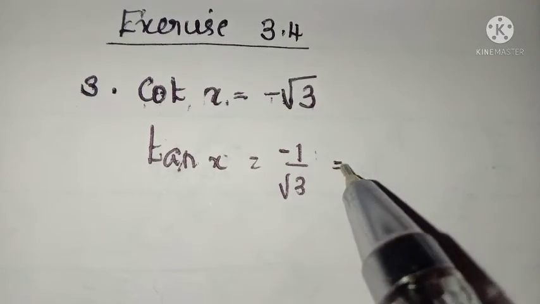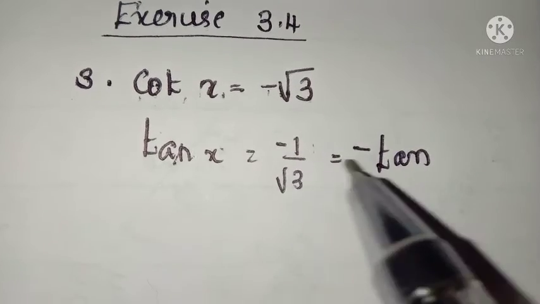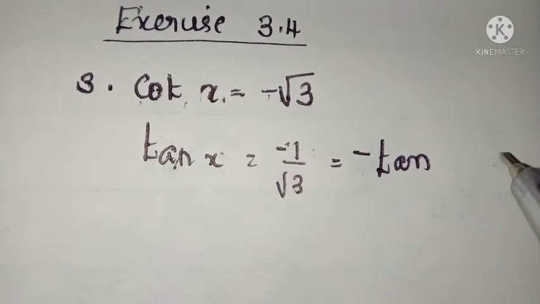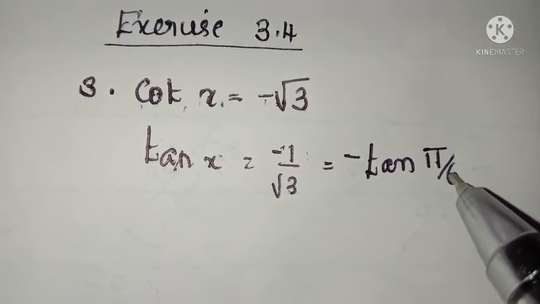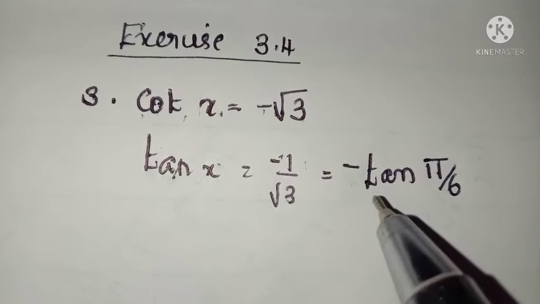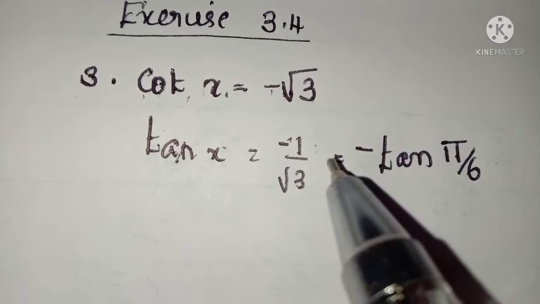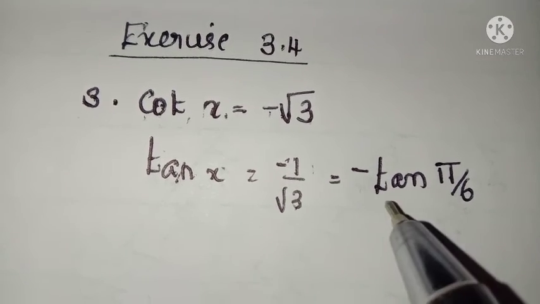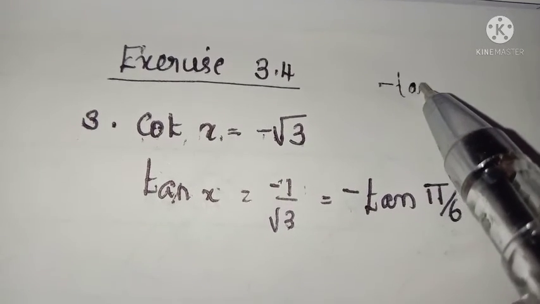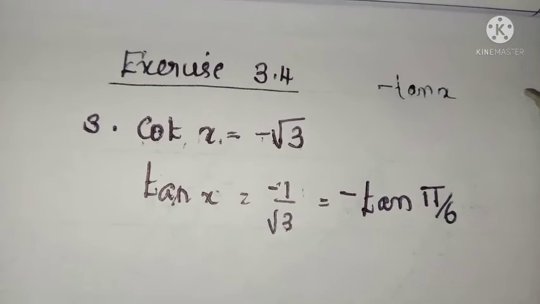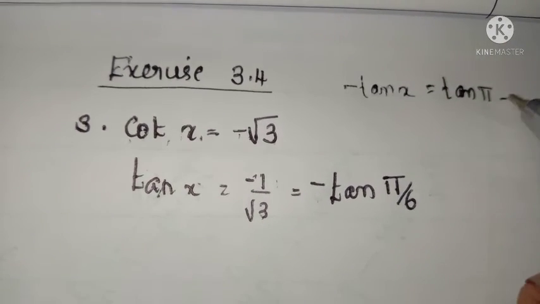So this is negative tan of 1 by root 3. 1 by root 3 is tan 30, that is pi by 6. So tan of pi by 6 is 1 by root 3, and negative tan pi by 6 is negative 1 by root 3. Here we want to apply the result, learn it by heart: negative tan x is equal to tan pi minus x.